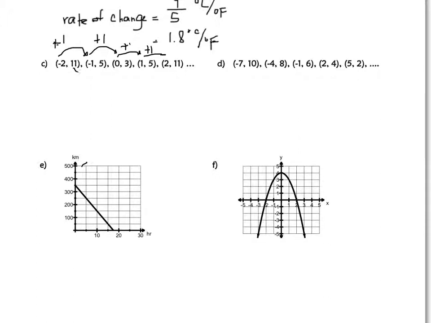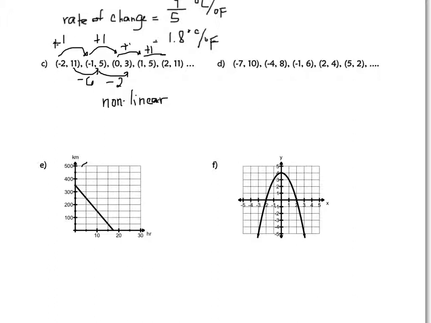But the y's are going down by 6 for the first one, but then 5 to 3, that's only going down by 2. So this would be nonlinear. So again, we don't have to find the rate of change for the nonlinear ones.